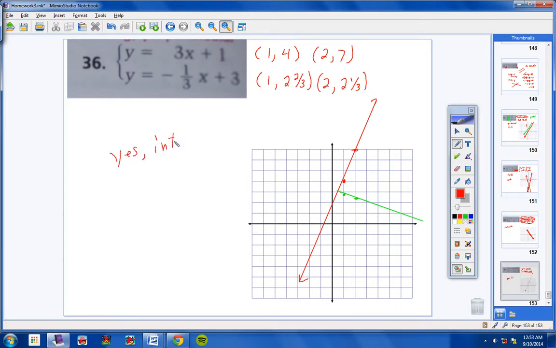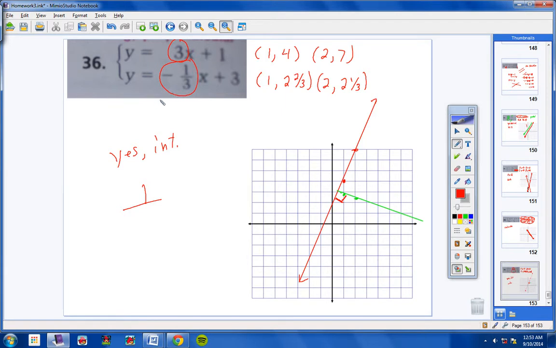So, yes, they're intersecting, but also it looks like we have a right angle right here. So it looks like we might be able to state the two lines are what? Perpendicular. Well, the best way to know is look at your slopes. Now, please notice that y is all by itself, so the slope of the top equation would be 3. And then notice in the bottom equation, y is all by itself, so your slope would be a negative 1/3. Do you see that okay?